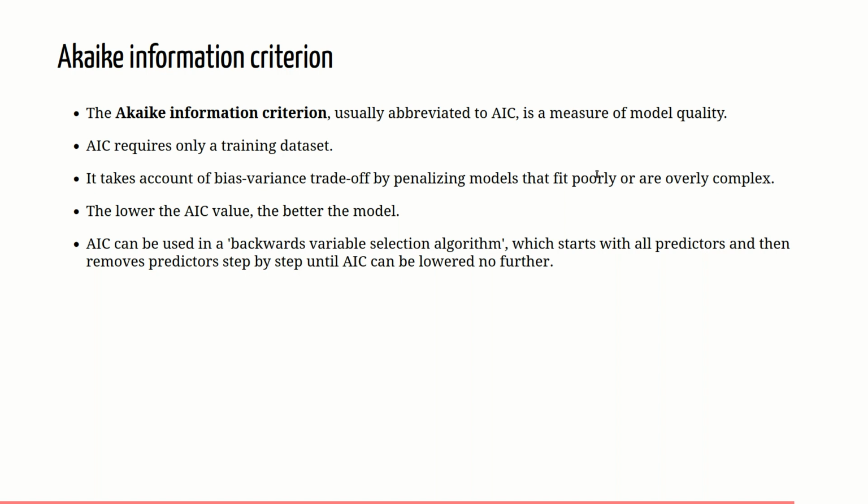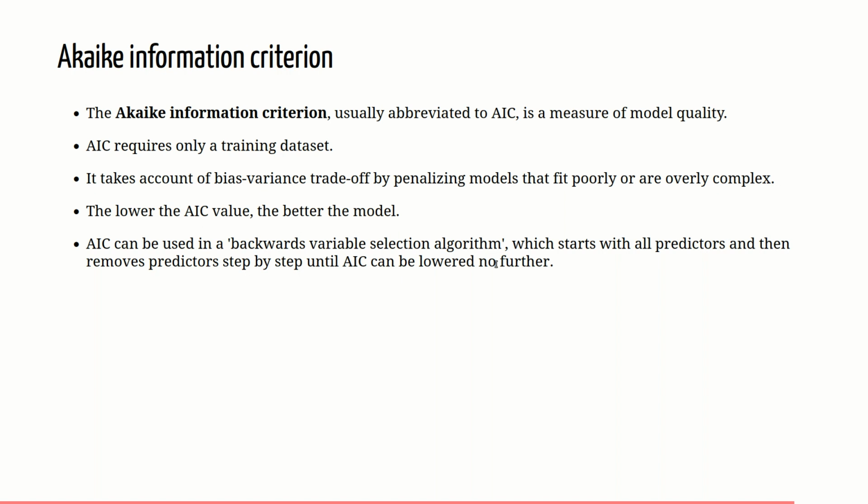So the bias variance trade-off is in effect there, because if you increase the model complexity, you might be reducing bias, but you've got to estimate a bunch of things, so you're increasing variance. Whereas if you decrease model complexity, you might be increasing your bias, but decreasing your variance. So AIC has the property that the lower the AIC, the better the model.